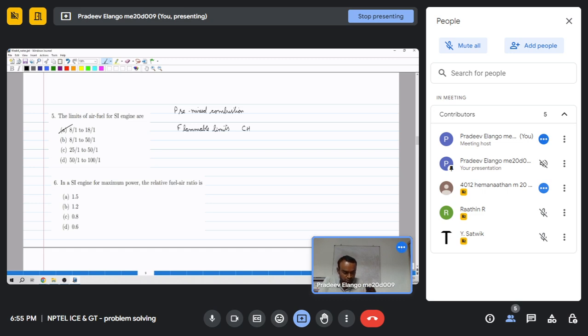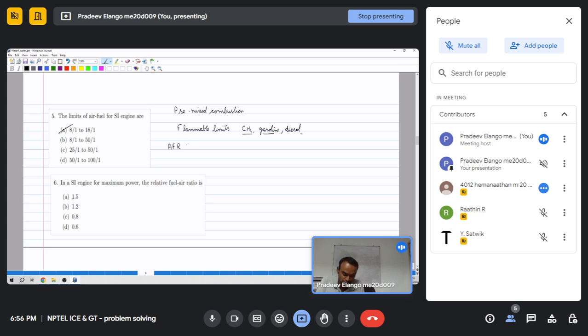Say methane might have a different flammability limit, gasoline will have its own flammability limit, diesel will have its own flammability limit, and so on. So the flammability limit is: you have a certain air-fuel ratio with these fuels.